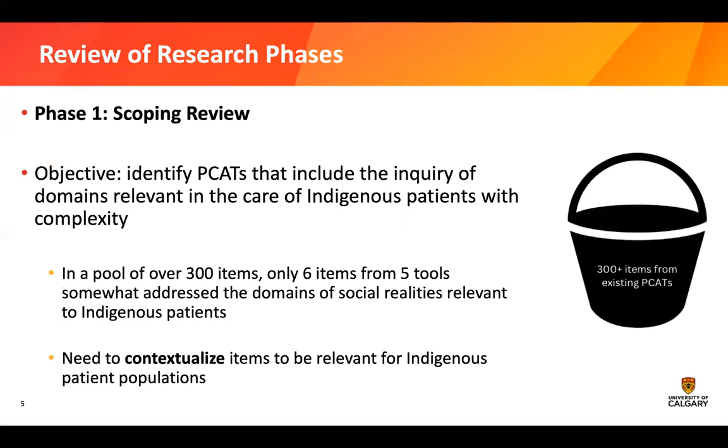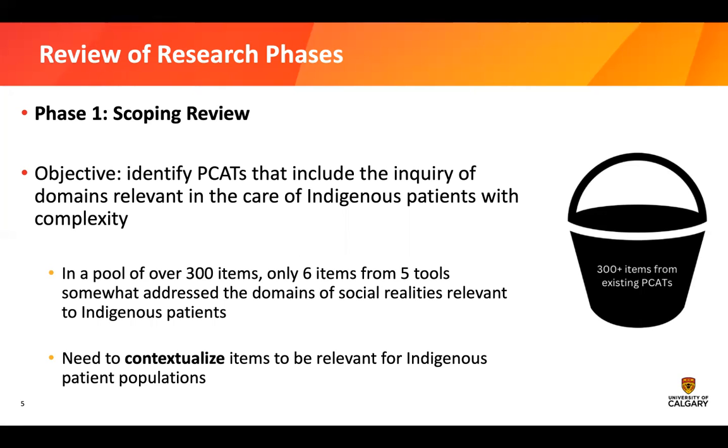So to give a bit of background about each of the phases, phase one was our scoping review. The purpose of this was to identify PCATs that include the inquiry of domains which are relevant in the care of Indigenous patients with complexity. So we looked at all existing PCATs that we could find and we pooled together all of their items.